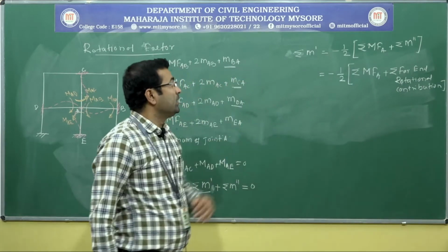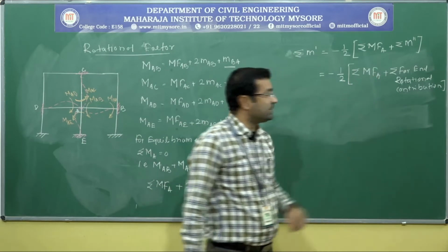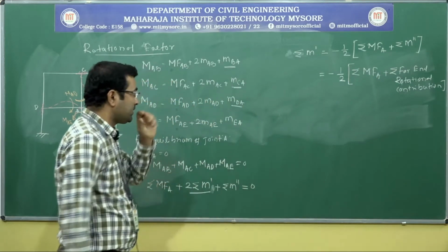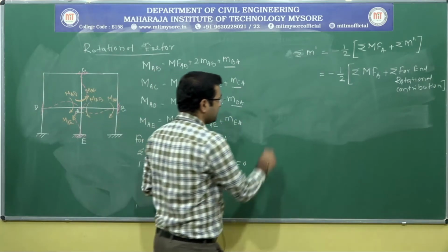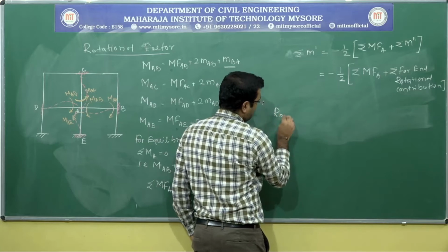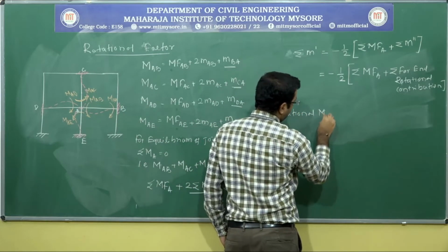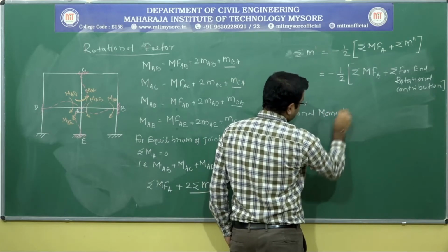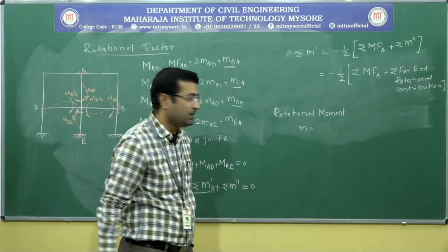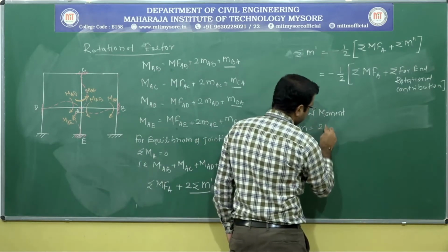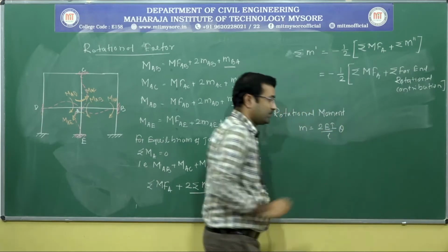Now I need to determine these in detail. From the slope deflection equations we have one term, the rotational contribution, the rotational moment, which is 2 EI by L into theta.